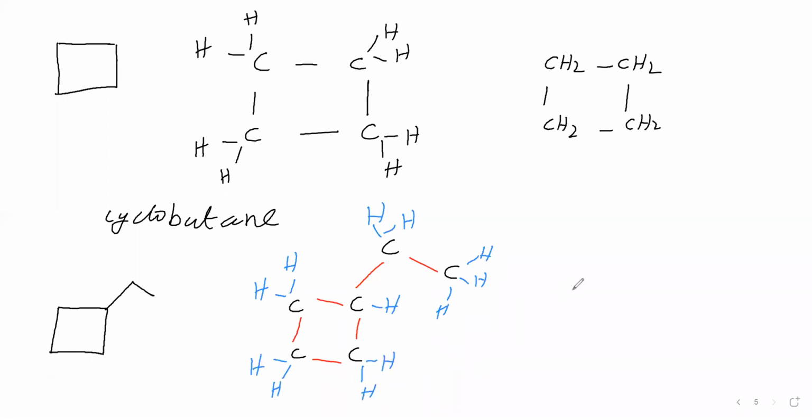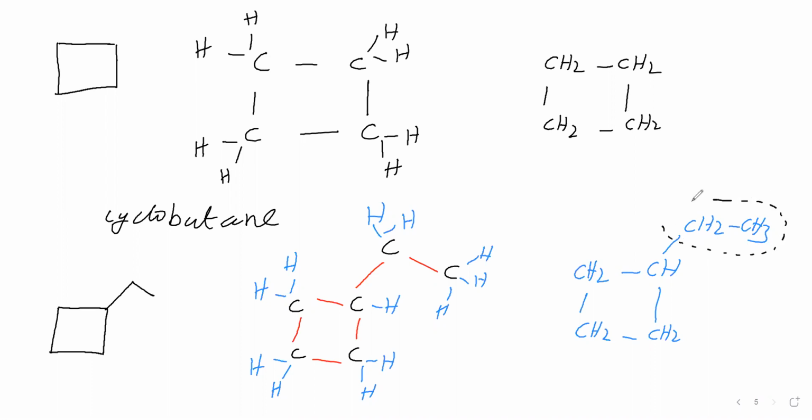Now let us condense it. Now CH2 single bond CH2 CH3. Here CH2. Here CH2. We have written the condensed form for this one. Now we will say the name. This is the branch.